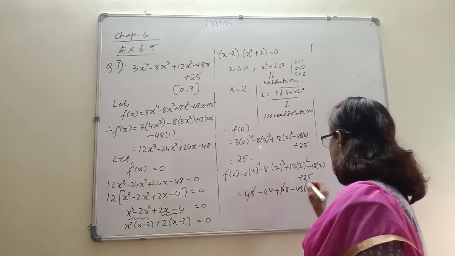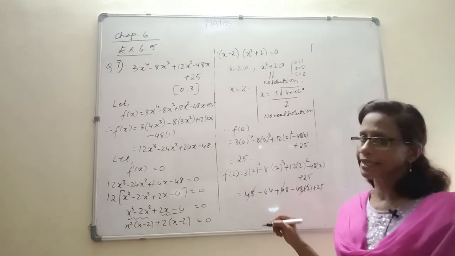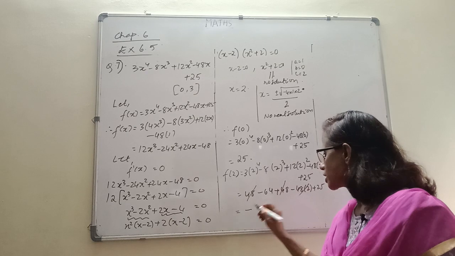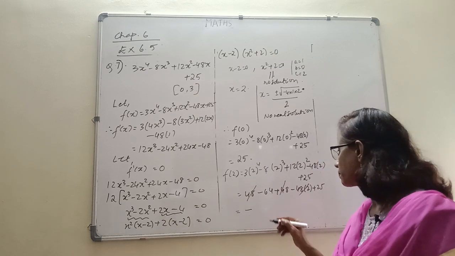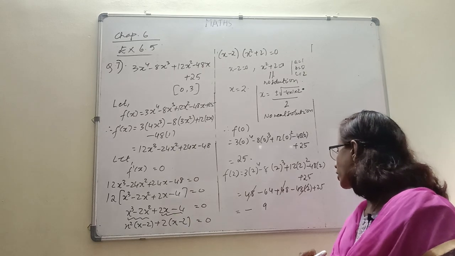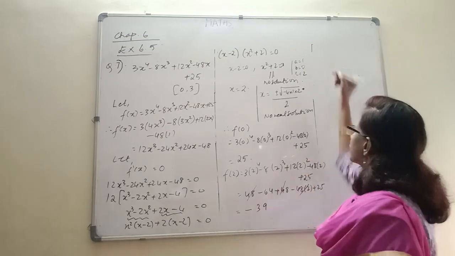This 48 and this 48 times 2 will cancel. Otherwise, you can add and find out, it will get cancelled. You are left with minus 64 plus 25, which is negative 39. That's f of 2. Let's find out f of 3 also.